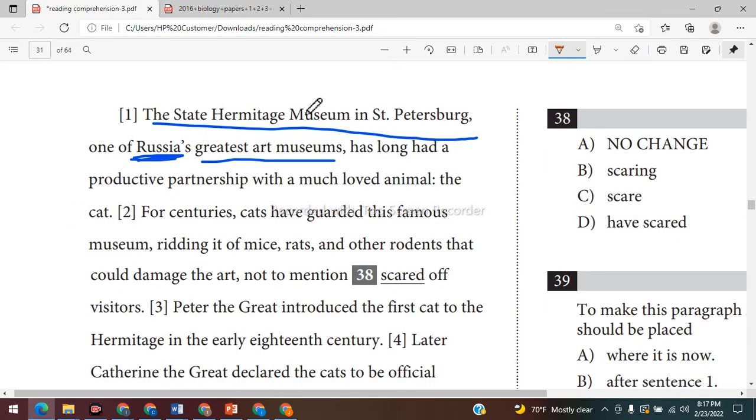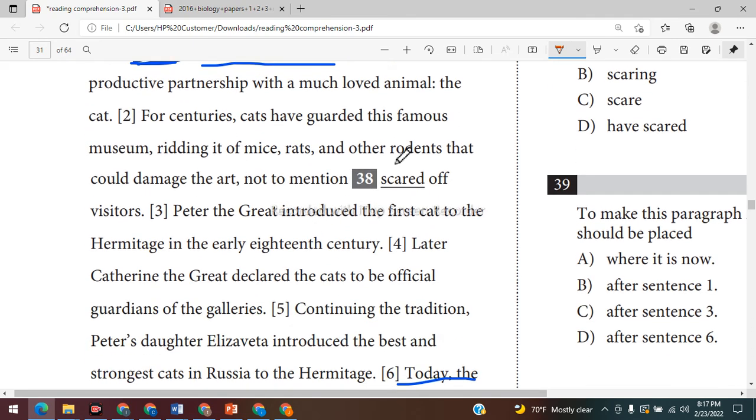The State Hermitage Museum in St. Petersburg, one of Russia's greatest art museums, has long had a productive partnership with a much-loved animal, the cat. For centuries, cats have guarded this famous museum, ridding it of mice, rats, and other rodents that could damage the art. Not to mention, scare off visitors.